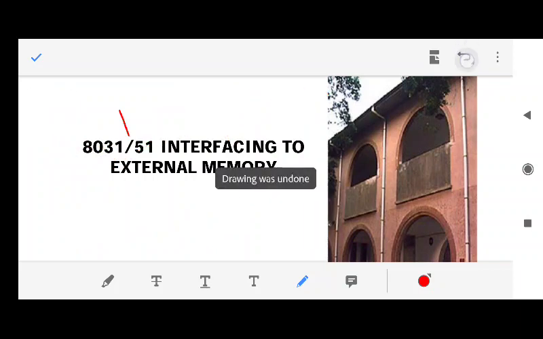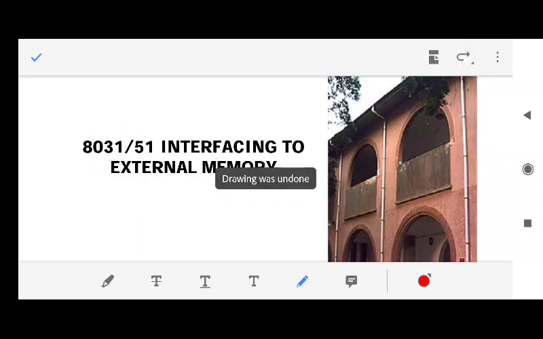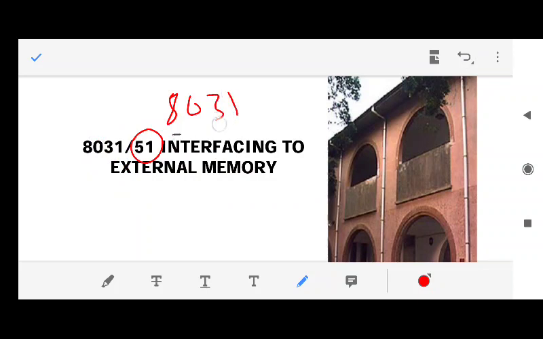So in this topic we'll study how to interface, meaning connection. So how to connect the external memory to 8051. So why is this 8031 written? It's a variety of 8051 only. We will use some examples of 8031.